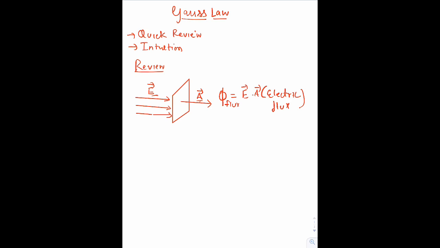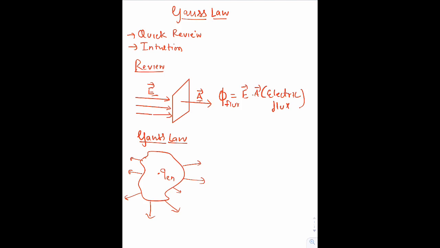All right. So what Gauss's law says is that if you have any closed surface and a charge inside it, which is the charge enclosed, then because of this charge you have electric field coming out in various directions and of various strengths.